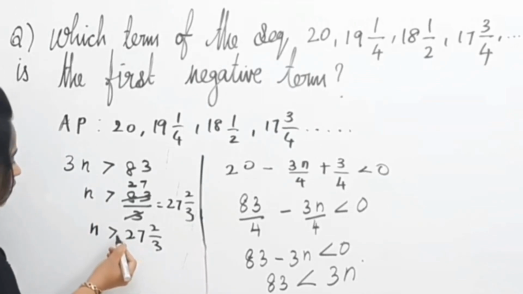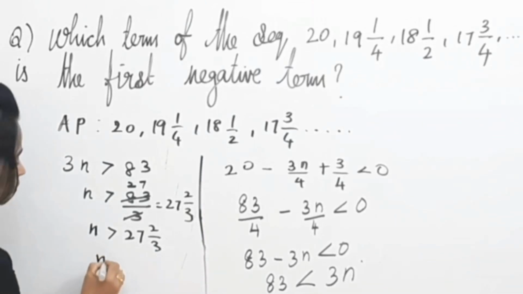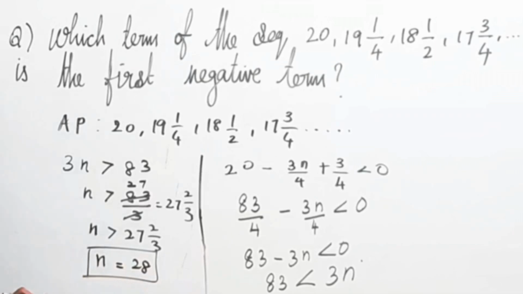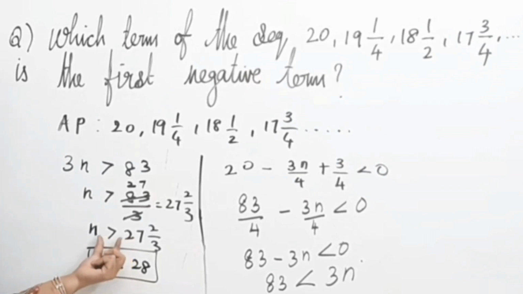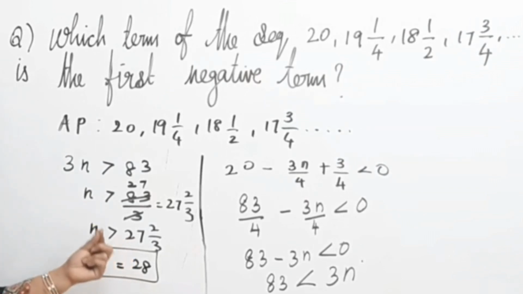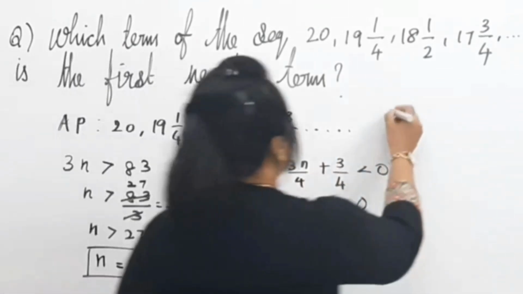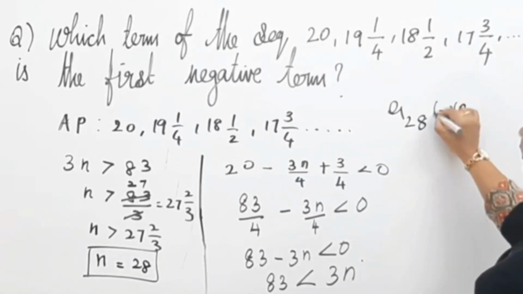So immediately after 27 2/3, the next n is going to be 28. So the 28th term is going to be the first negative term here. That's the understanding of this statement. The first negative term is going to be the 28th term, that is a28.